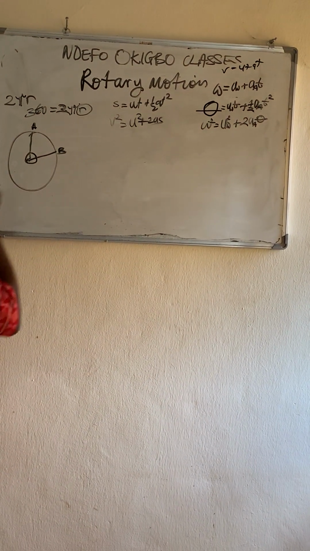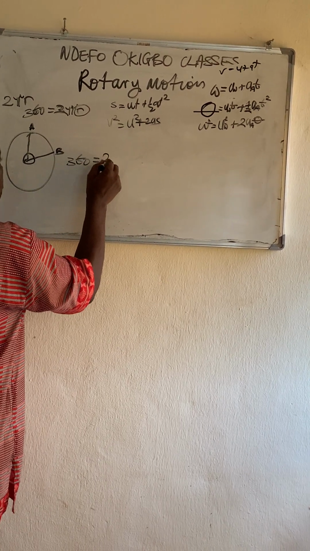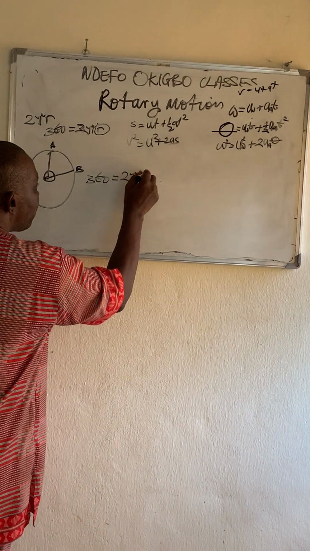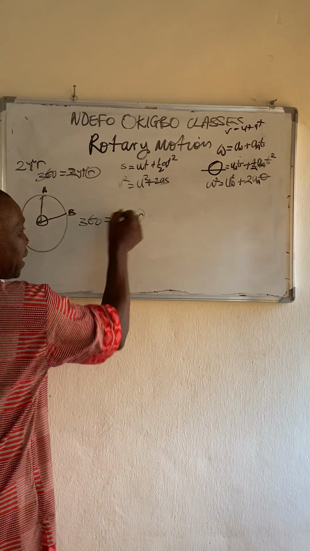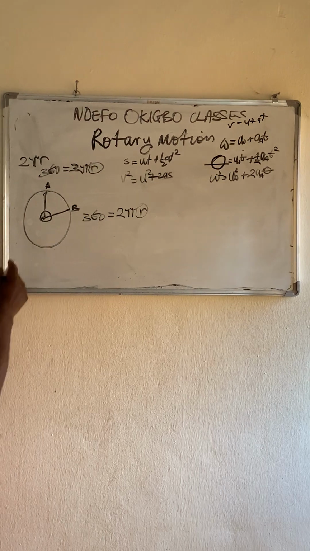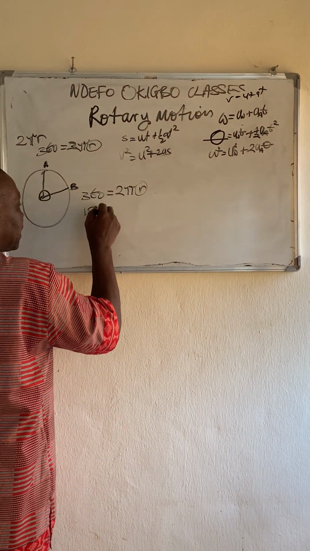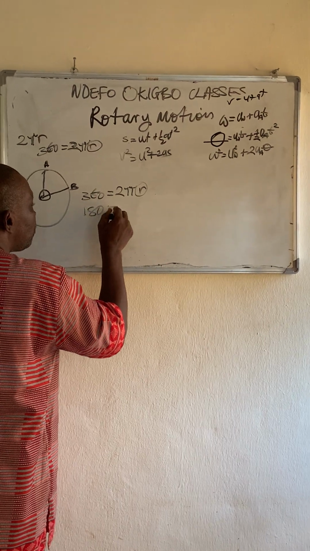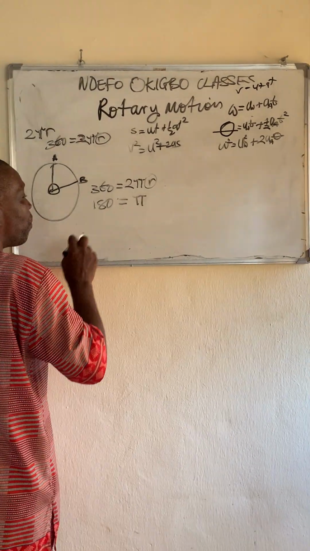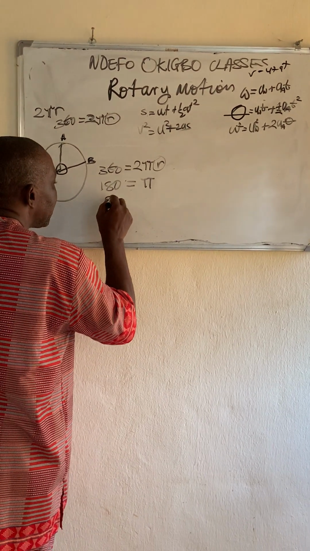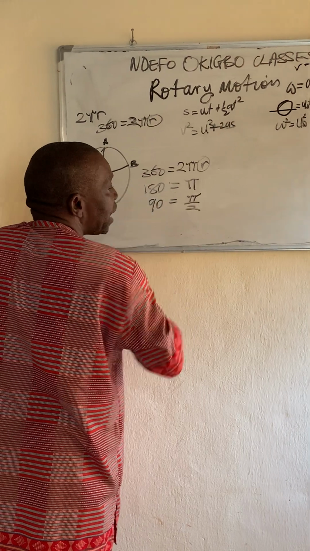So that means 360 degrees is equal to 2 pi radians. While 180 degrees, which is half of 360, is pi radian. While 90 degrees is equal to pi over 2 radian.